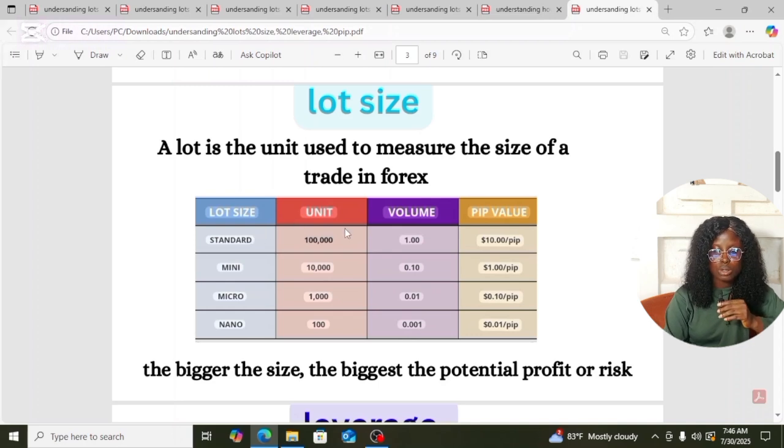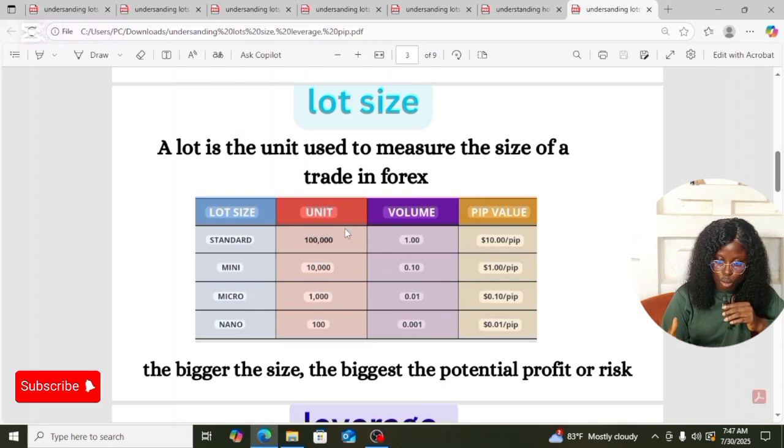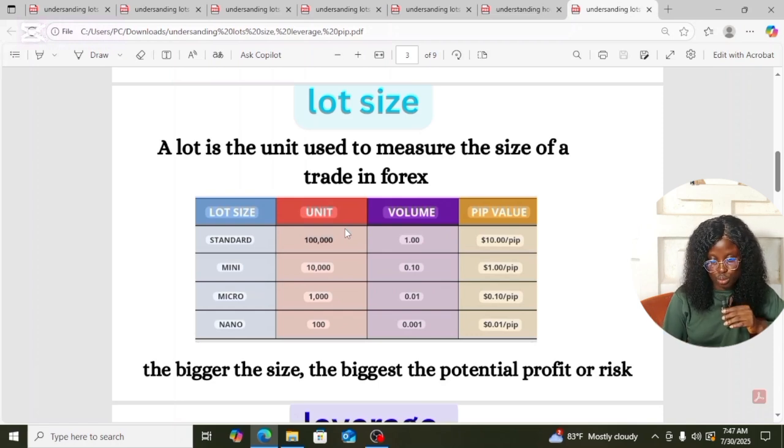The lot size is the volume you're about to trade in the forex market, and this determines the kind of lot size you use. Let's say you're trading a $100,000 account. The proper lot size to use is one standard lot. With this one standard lot, you're going to make $10 per pip movement.